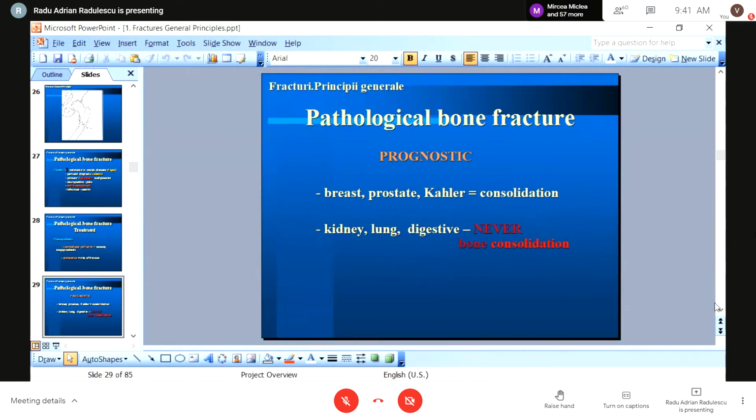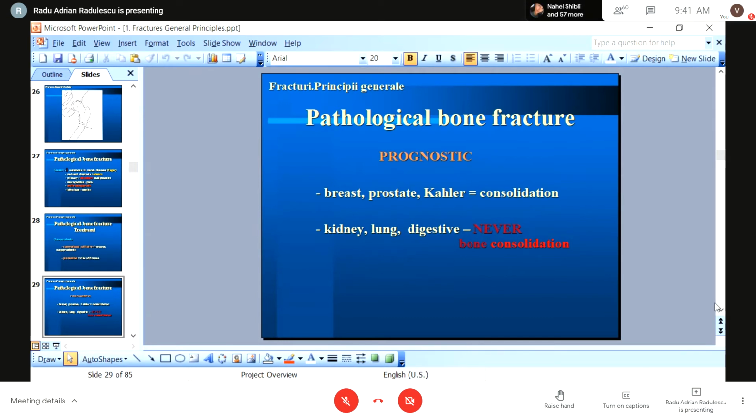Usually those fractures, or let's say the metastases at the level of the bone, are secondary to some type of malignancies, and mainly to breast and prostate cancer. Those types of cancers, of tumors, usually give metastases at the level of the bone.